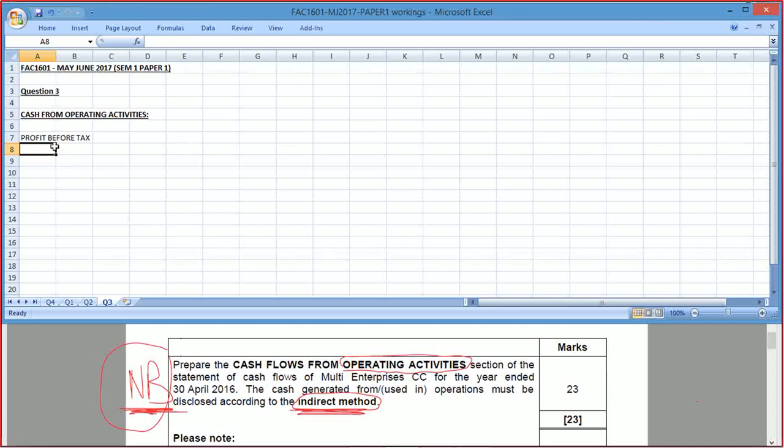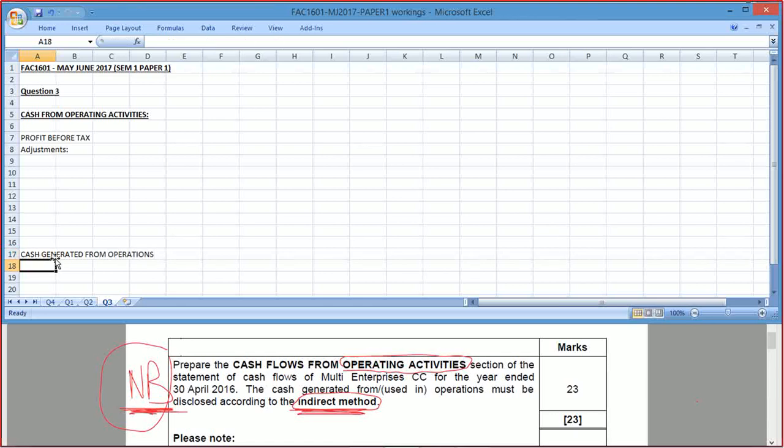Let me ask you this. Would depreciation have been taken into consideration when working out the profit before tax? Yes, it would have. So that means that depreciation would have been taken out, meaning I have to add it back. That's why you do adjustments to get all the non-cash items out, and then you'll have cash generated from operations.